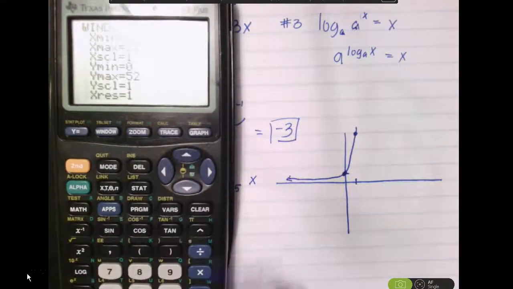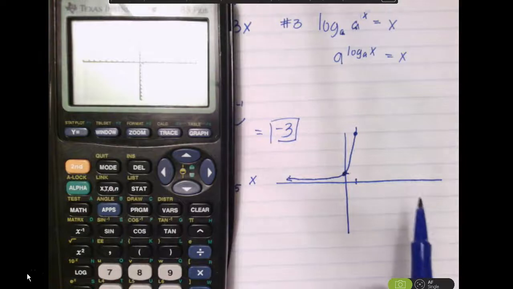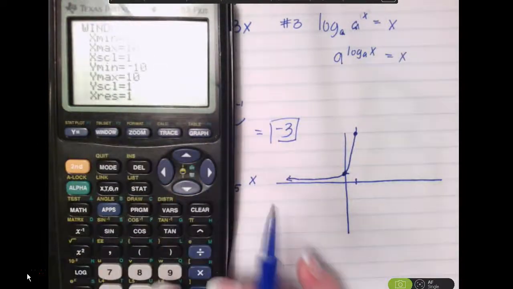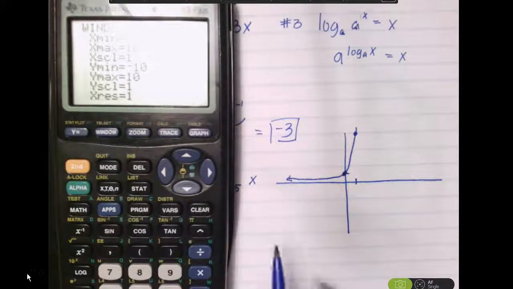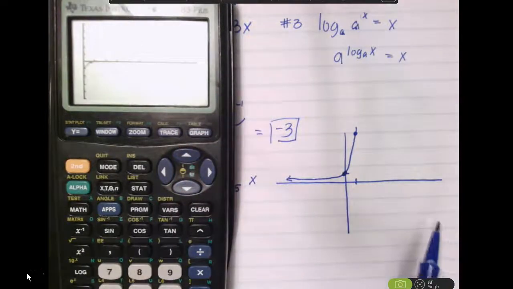I want to go back to negative 10, 10, no, negative 10, enter, 10, enter, enter, negative 10. Okay, so let me zoom in just a little more. I'm going to go x equals 0, and x equals negative 2, negative 5. Alright, so that'll be a better zoom.